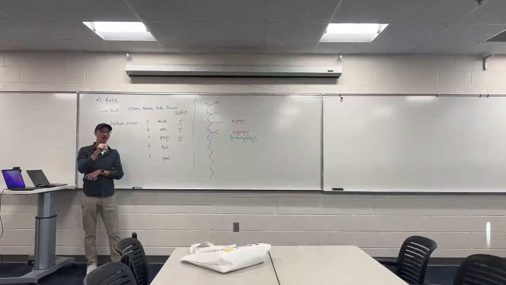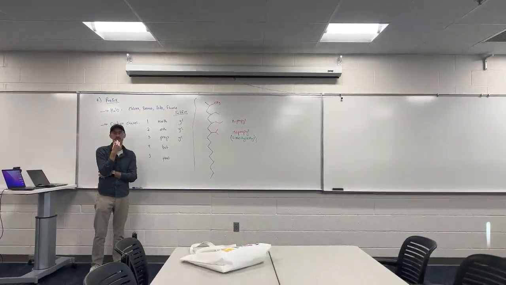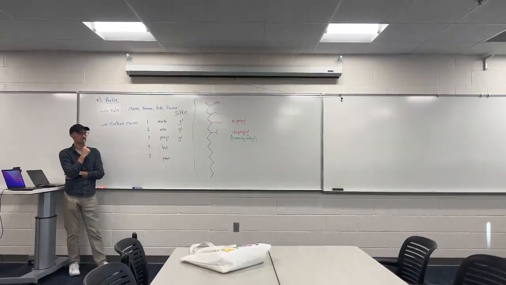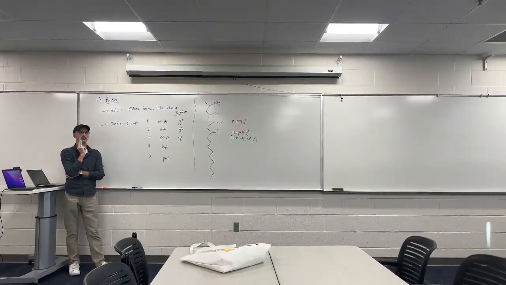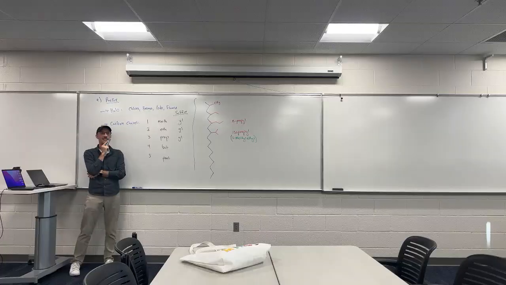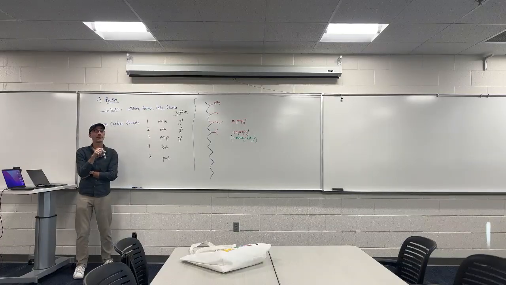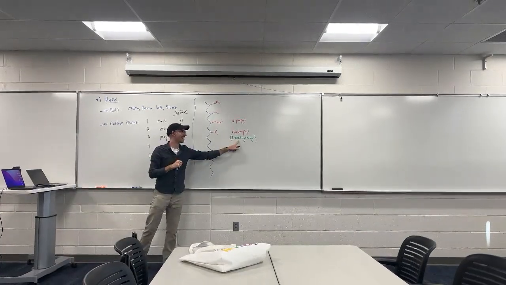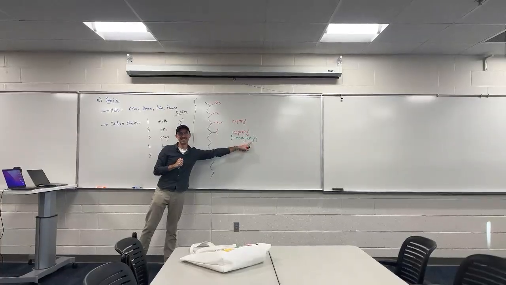Aiden, how many carbons does propyl inform us about? 4. Propyl? Oh, 3. Right. How many carbons does methyl plus ethyl inform us about? 4. No. 3. 1 plus 2. Oh, okay.